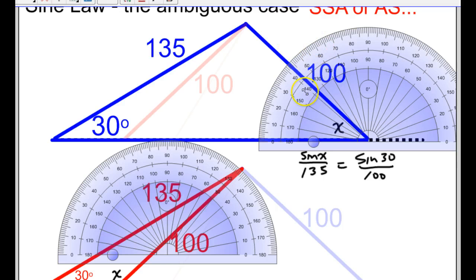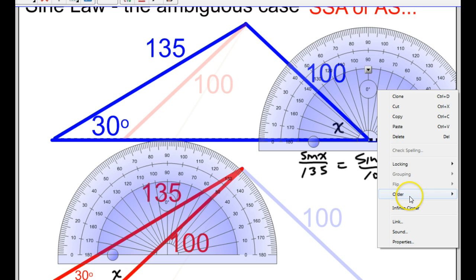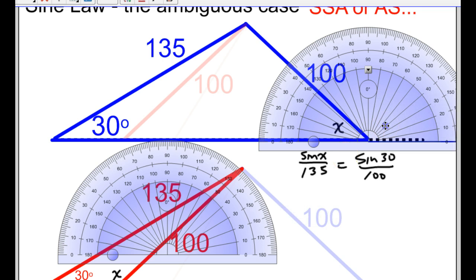Now what's interesting here, if I take a look at the protractor on the screen, I can see that the angle here, 40, 41, 42, is basically about 42 degrees. So the angle I'm going to calculate in this case would be an angle of 42 degrees.